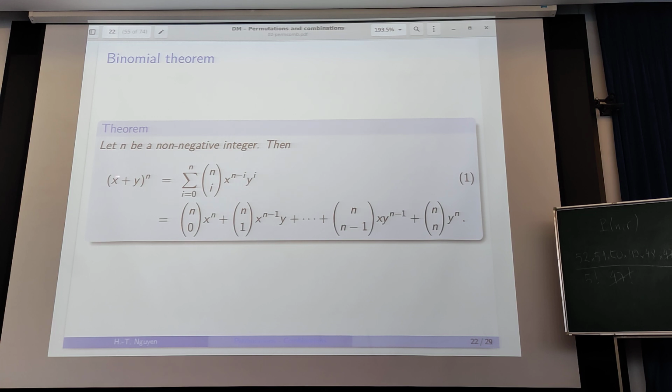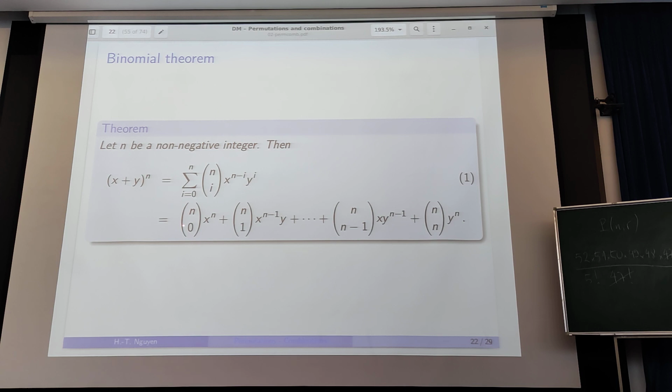Okay? So it is the formula that gives you the development of this power of the sum of two variables. Okay, so if you develop x plus y to the power n, then you get the sum. And you can see that the number of combinations are involved here.